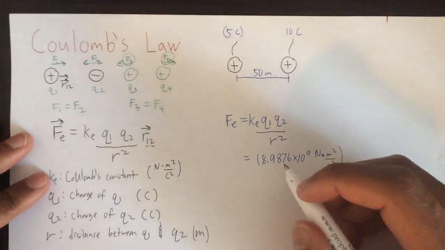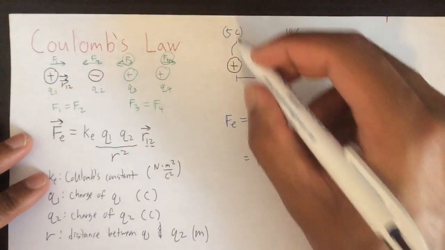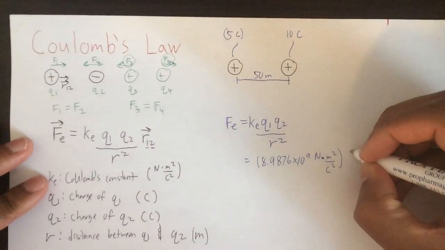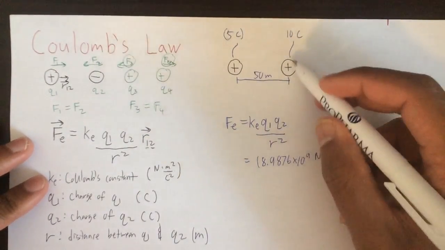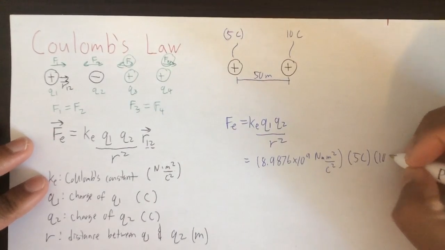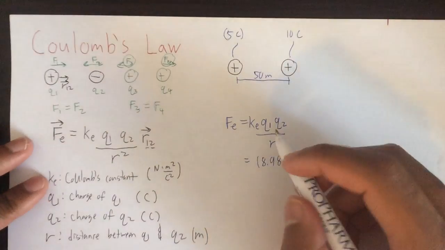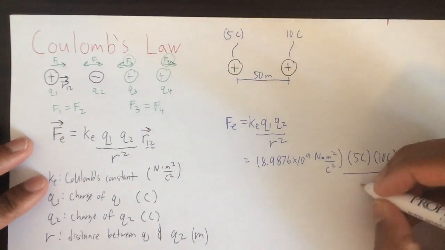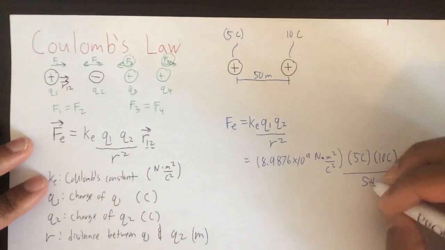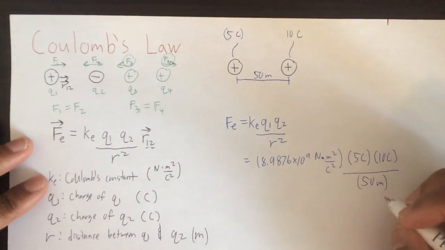And we know that Q1 in this example is 5 coulombs. We know that Q2 in this example is 10 coulombs. And we know that the distance between them is 50 meters. So divide by 50 meters, and then you square this quantity.